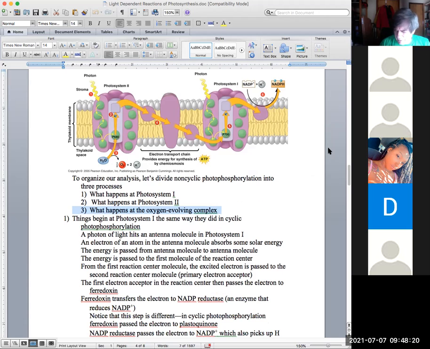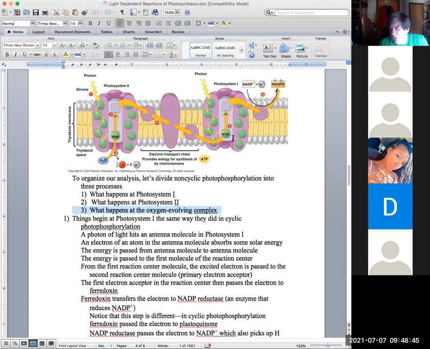So let's think about photosystem 1. Photosystem 1 basically starts out exactly the same as it did before. Notice this lighter purple in the middle represents our reaction center. So this dark green is the first molecule of chlorophyll A. This light green is the primary electron acceptor.